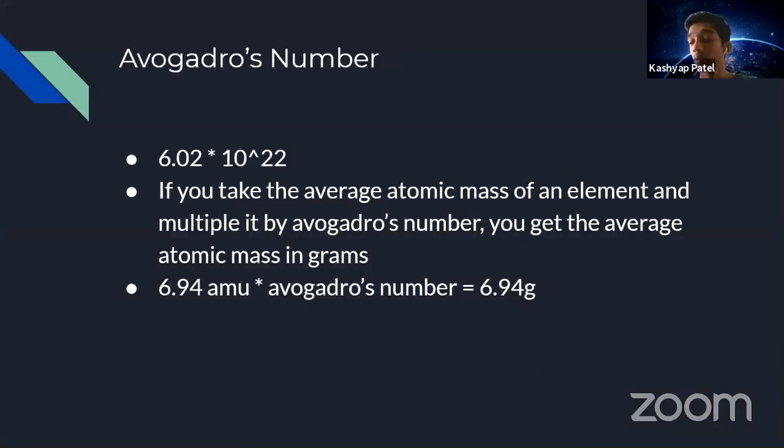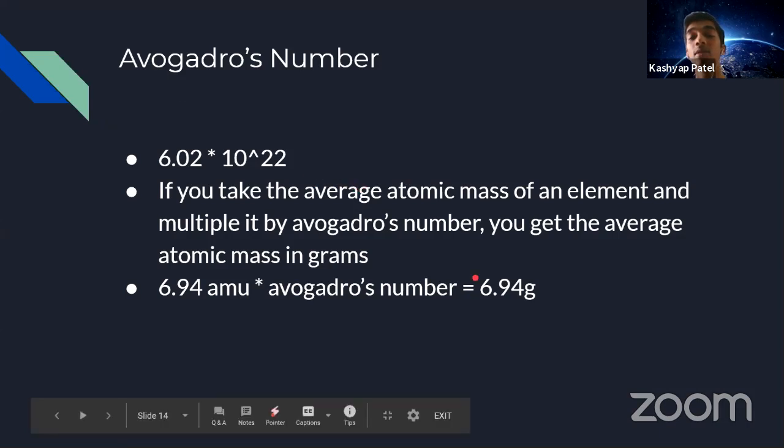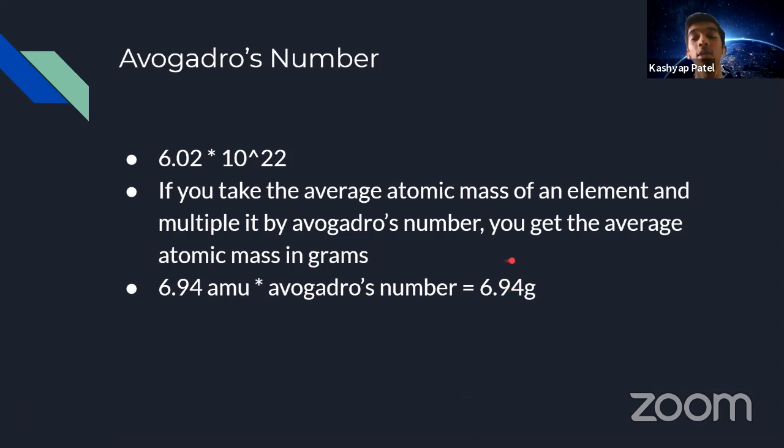All right, next we have Avogadro's number. And Avogadro's number is 6.02 times 10 to the 22. Now, this might not make much sense. Basically what it's saying is that if you take the average atomic mass and multiply it by this large number here, you would get 6.94 grams, or in lithium's case, 6.94 grams of that element.